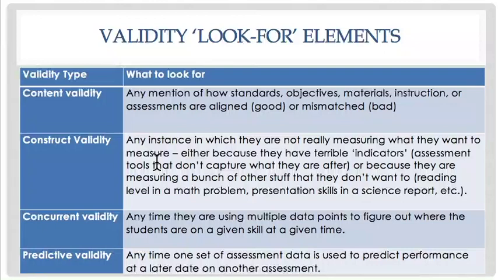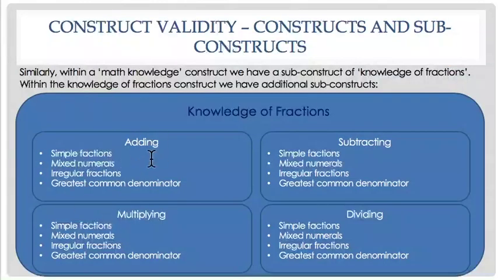A case in which construct validity would be high, but content validity would be low, would be, say that I have a math test, and I'm measuring your ability to add fractions, right? Everything's good. I leave out my common denominator questions for whatever reason.